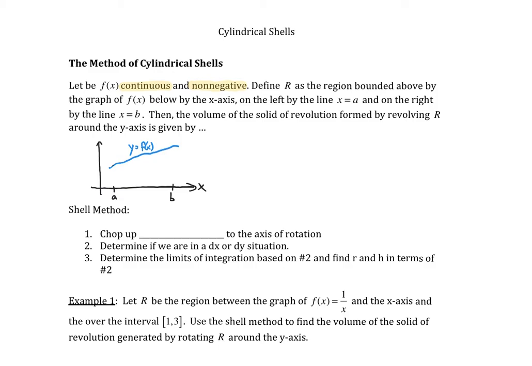So let me label the left boundary, let me label the right boundary. Just as a reminder, it's bounded from below by the x-axis, so the x-axis here forms a lower boundary, and we are going to rotate about the y-axis. So I'm going to put a little loop right here. We're going to call this region R, and why don't we shade that in? So let's color that in like this.